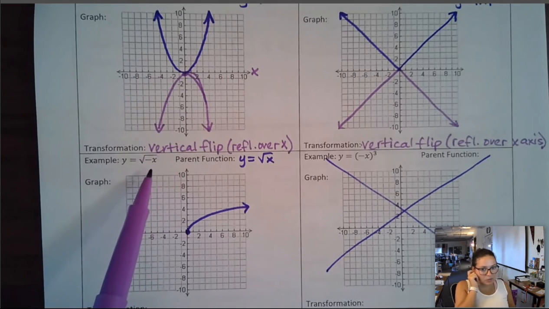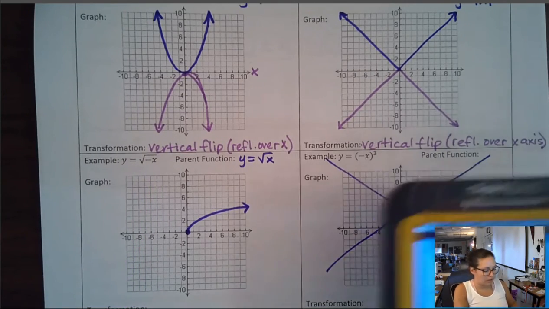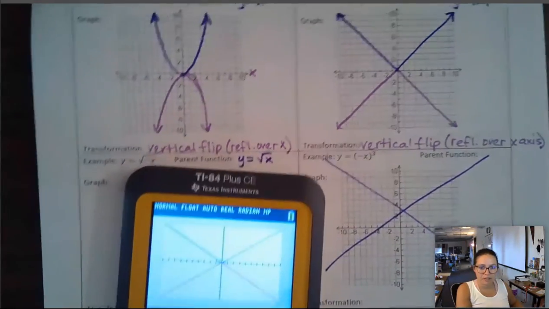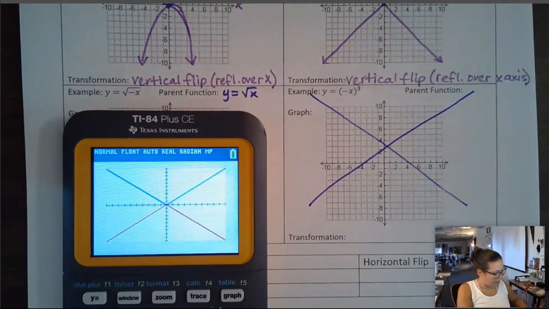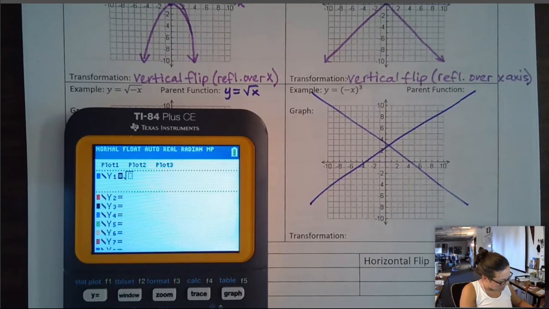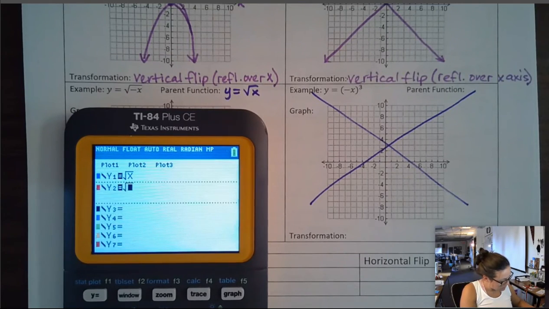Now we have our last one, which is the square root of negative x. So go back to our y equals. I'm going to type in these equations. Square root of x, square root of negative x. And this one's going to be a little different because the negative is where?